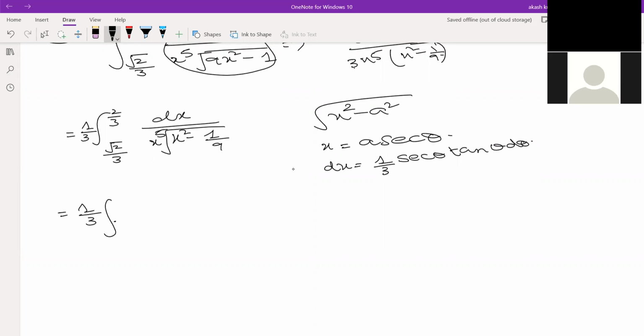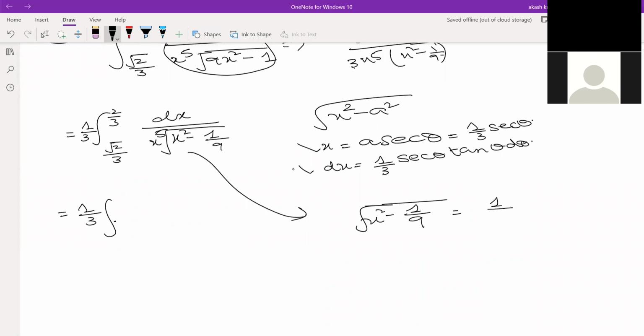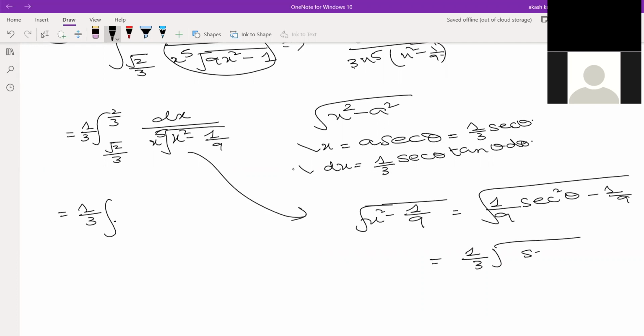So okay, instead of dx, I have got x. Let's try to solve this one, which is the square root of x squared minus 1 over 9. So x is 1 over 3 sec theta, so it becomes 1 over 9 sec squared theta minus 1 over 9. Taking 1 over 9 outside, it becomes 1 over 3, and inside will be sec squared theta minus 1.